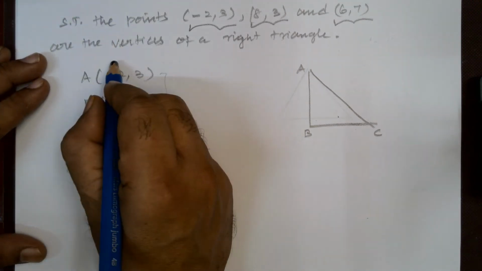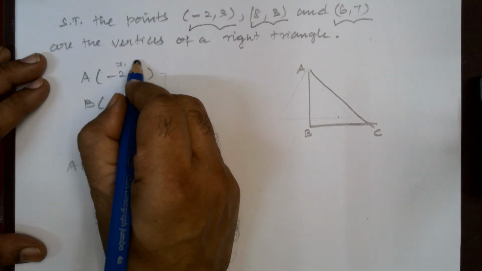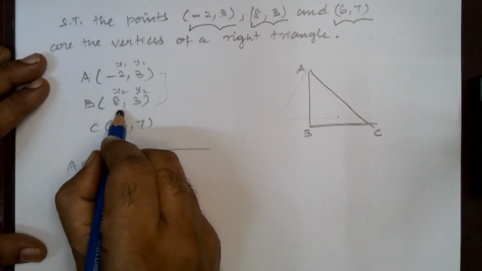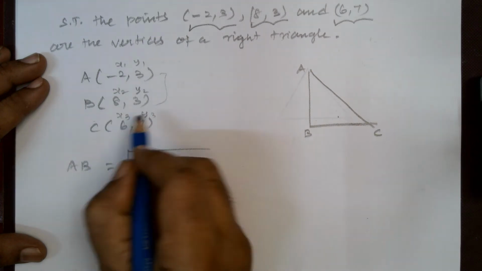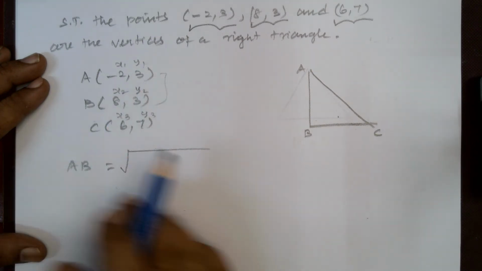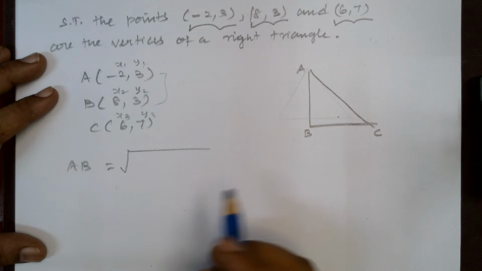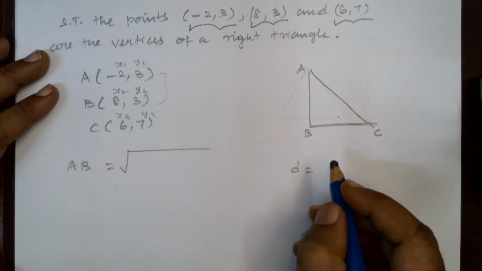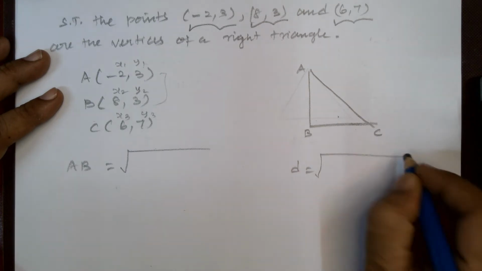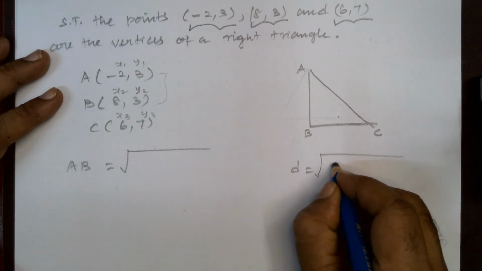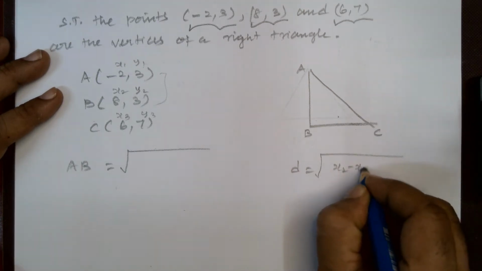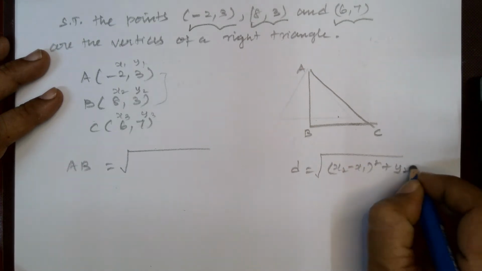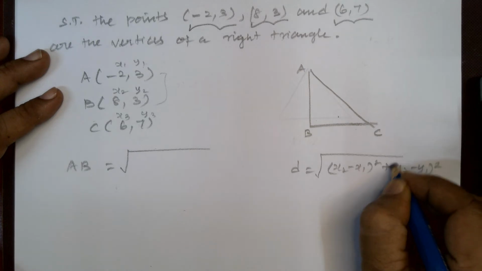Let us call these x1, y1, x2, y2, x3, y3. So we have to apply the formula: d is equal to the square root of x2 minus x1 the whole square plus y2 minus y1 the whole square.